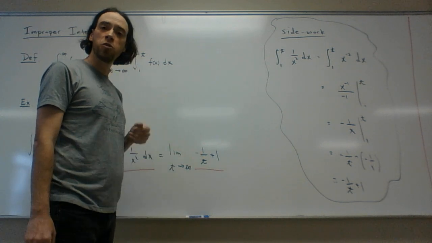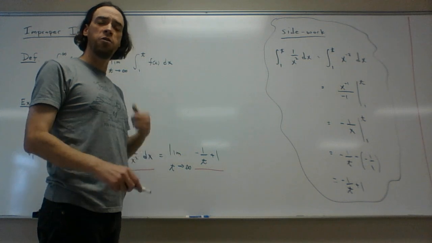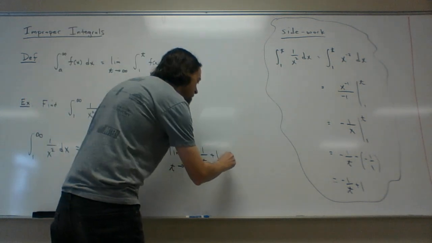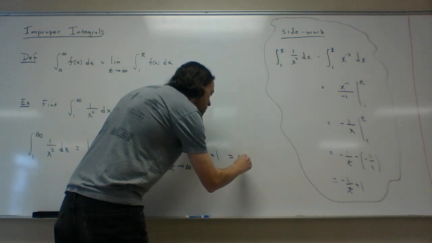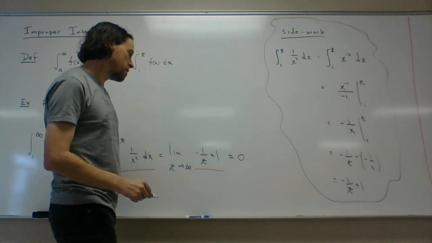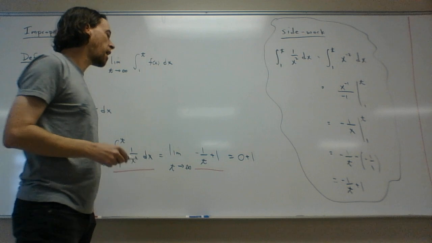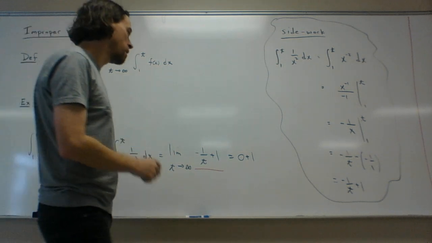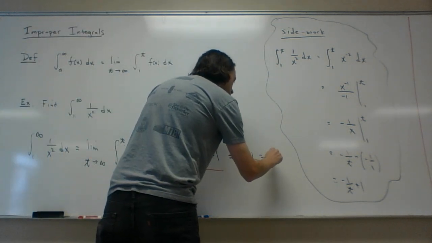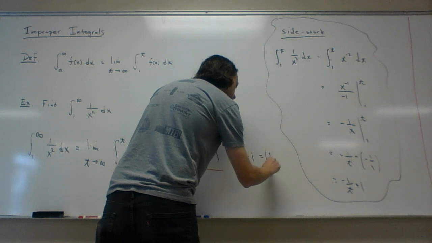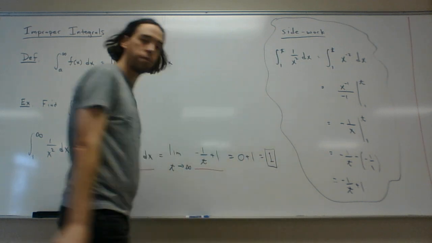It's getting closer and closer to 0. So in the limit, that quantity is 0. And so what we get in the limit is 0 plus 1. Of course, nothing's happening to 1 as we're taking this limit. And so our final answer here is 1.